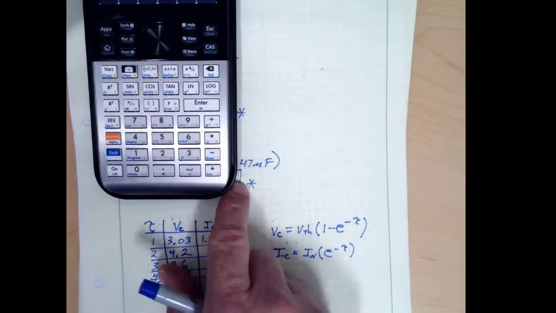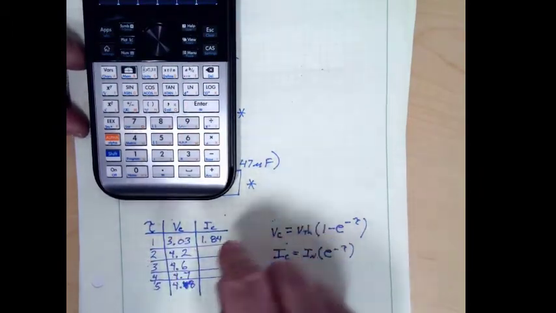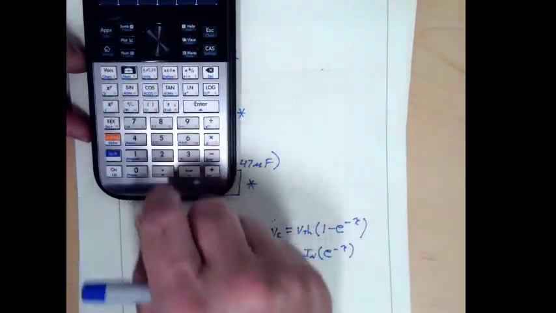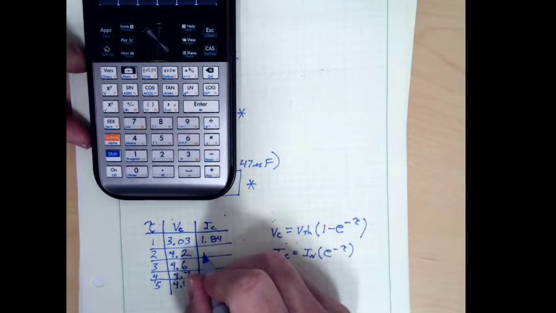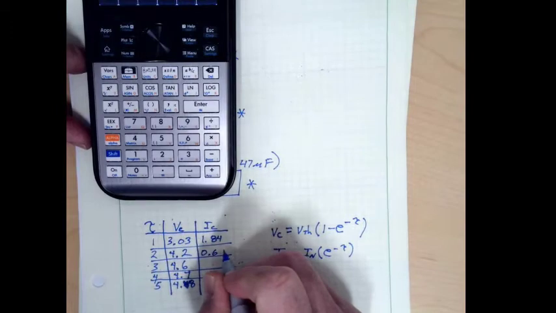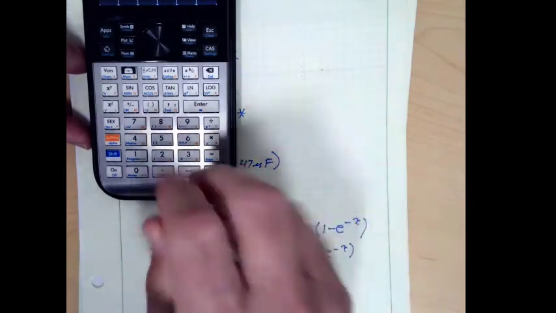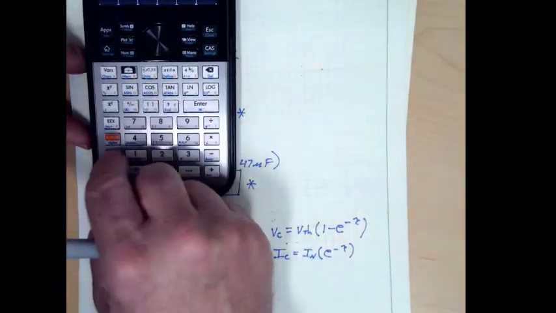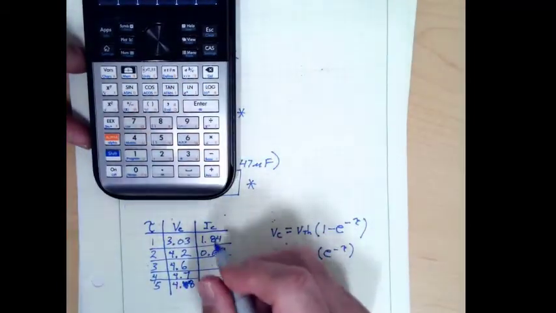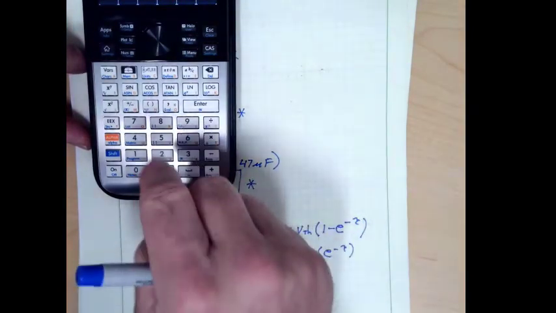Okay, so again we have our current, which is 5 amps, and then we have the second time constant. That gives us about 0.68 amps. And then we have our third time constant. This is about 0.25 amps.